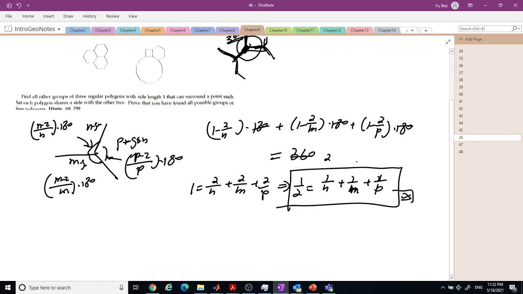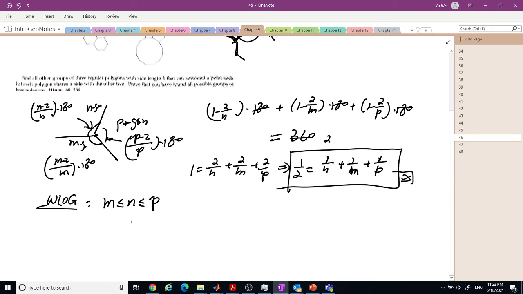So now let's solve it. Without loss of generality, let's make an order so we can say m is less than or equal to n, less than or equal to p. Now we can see the one half, right? If we use the smallest denominator, then this number will be bigger, so we have 3 over m. Now if we replace with the biggest denominator, so this is 3 over p.